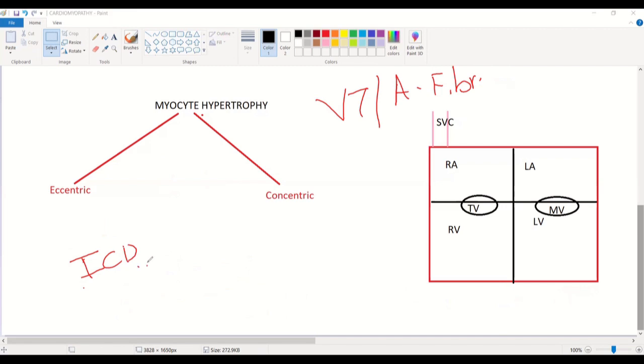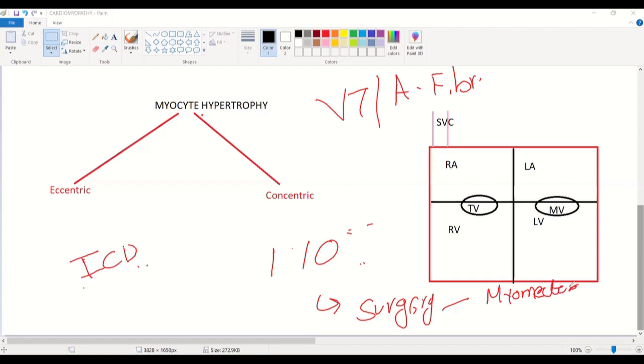And surgery is also an option for LVOT obstruction. Different kinds of surgeries are available, like myomectomy and septal ablation, right? Okay. Yes.